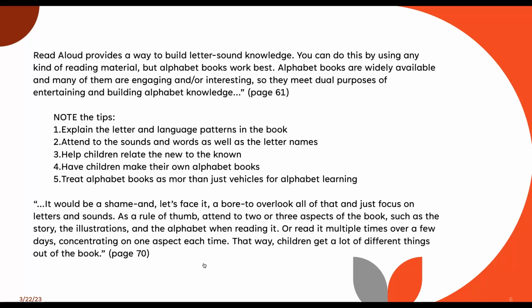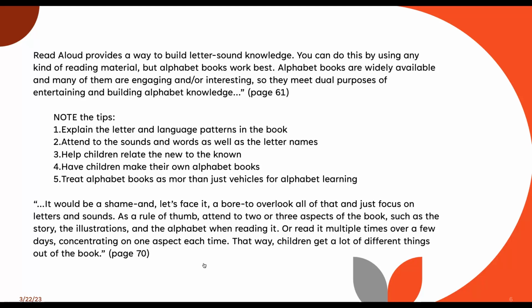Number 3, help children relate the new to the known. Oh, look, W is for wagon, just like W is for William. William, wagon. Say those. William, wagon. Our mouth does the same thing at the beginning of that letter. That's what they're talking about.